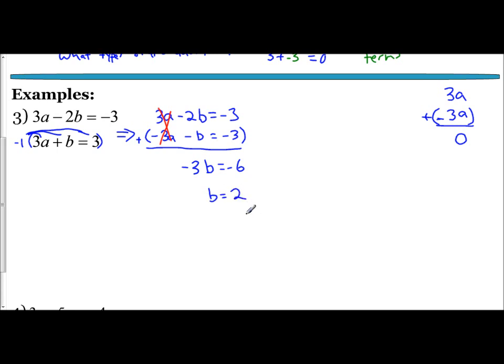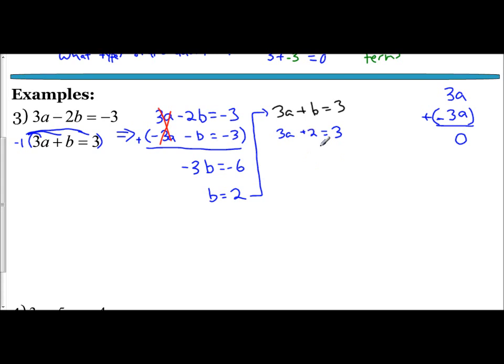Well, now that I know b is 2, I need to find a. Now to find a, it doesn't matter which equation you plug into. You can plug into the top one or the bottom one. The whole point is just to solve for a. I am going to plug it into the bottom equation, the one that says 3a plus b equals 3. But b is really 2, so I have 3a plus 2 equals 3.